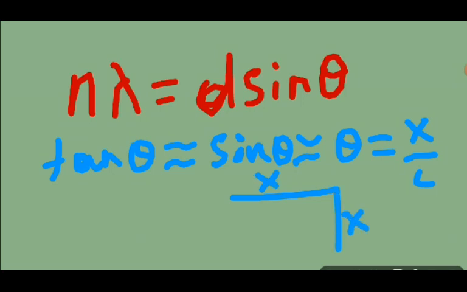This x is from n equal to 0 to n1, n2, and the distance between the diffraction grating and the screen is considered to be L. So theta is x divided by L. This is L, this one is x, and this one is theta. So for this small angle, we have x divided by L.